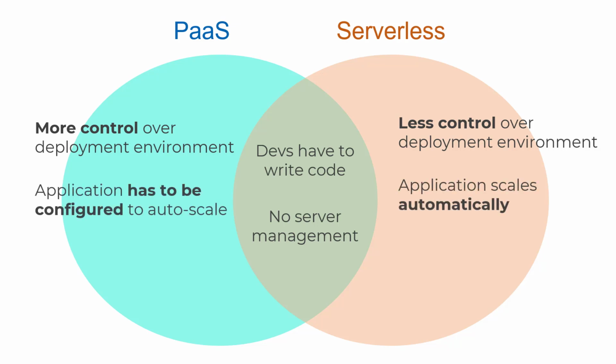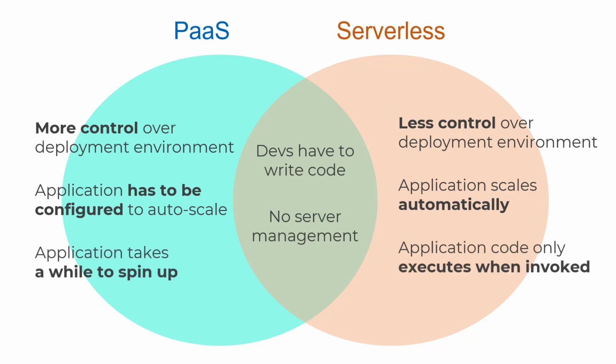So you'll see websites hosted on platform as a service, and serverless is where you'll see function as a service come up. In the PaaS world, the application has to be configured to auto-scale. In the serverless context, the application generally scales automatically. I mentioned in serverless, the resources are stateless, the servers are ephemeral. They're being scaled automatically in that respect. In platform as a service, the application takes a while to spin up typically.